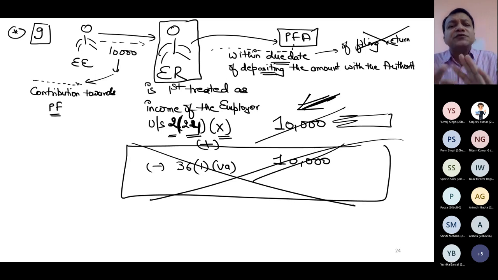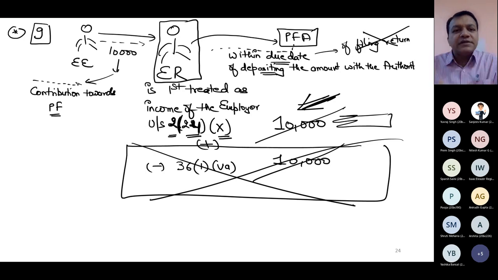And if employees are left free to open their PF account, most of the employees would not find time to open the PF account, or they would not deposit the amount monthly regularly. That is why the government made it compulsory that this much percentage of salary must be given to the employer. An employer is also under compulsion to pass the same amount to the authority within the due date.